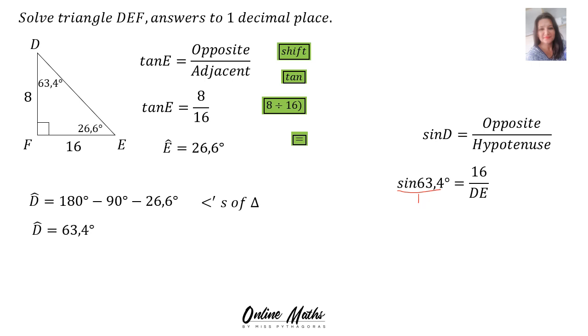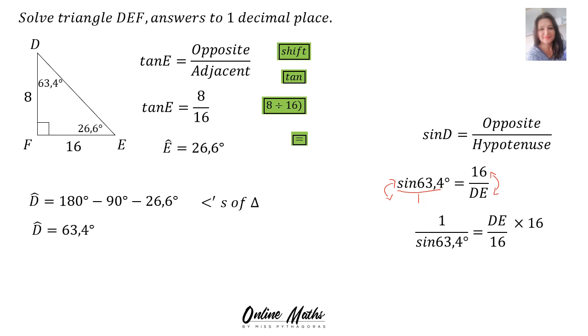And then what you can do is you can swap those two around, and what you do on the left, you do on the right. So you can also swap them. So you can write it as 1 over sin 63,4 equals DE over 16. And now DE is on top, the numerator, and you can make it the subject of the formula. So let's multiply the 16 away.